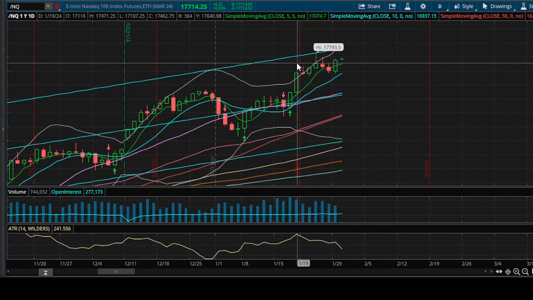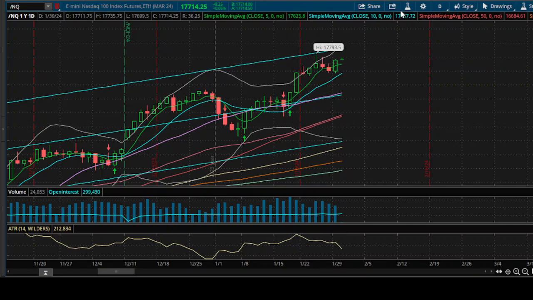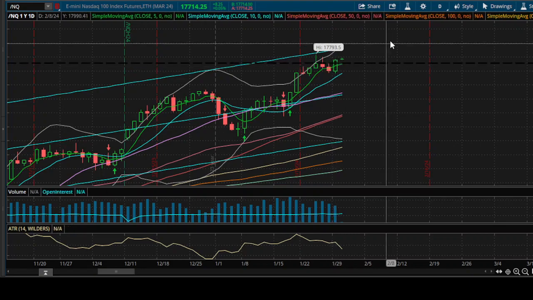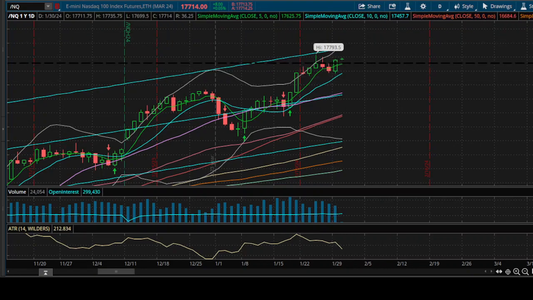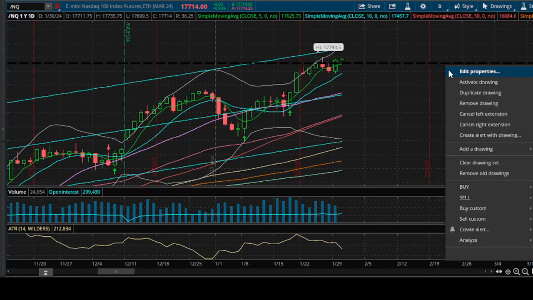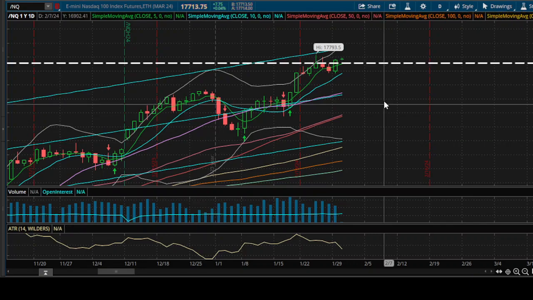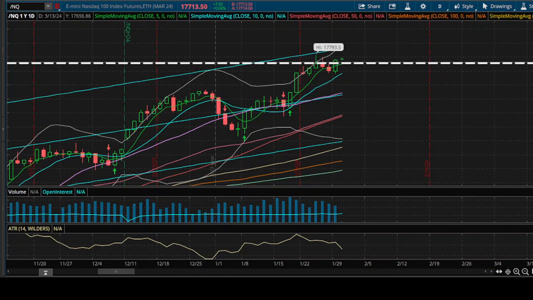What I want to do for you guys here is drop this price level line at yesterday's high. Again, it's not going to be exactly to the tick because I'm just doing this by eye, but let me make this line white so you guys can see it a little bit better. Now you can see yesterday's high sitting at around 17,640.